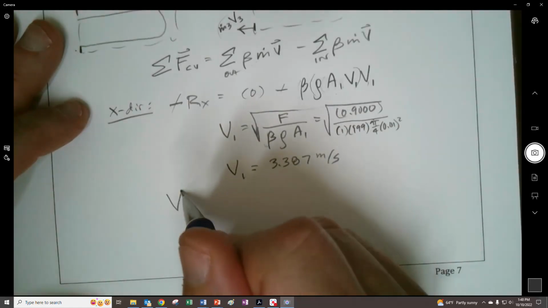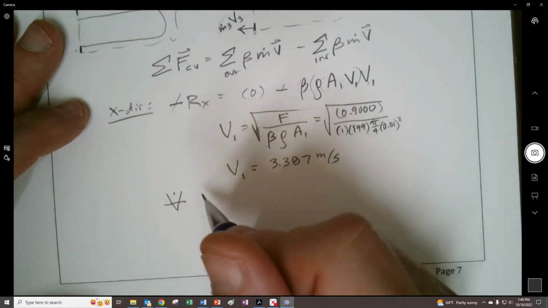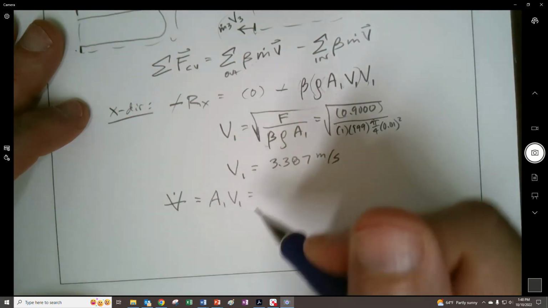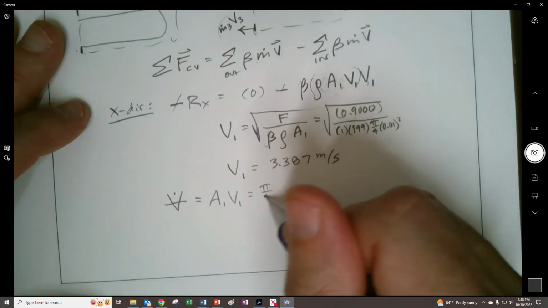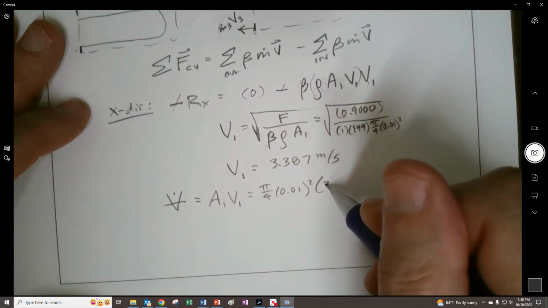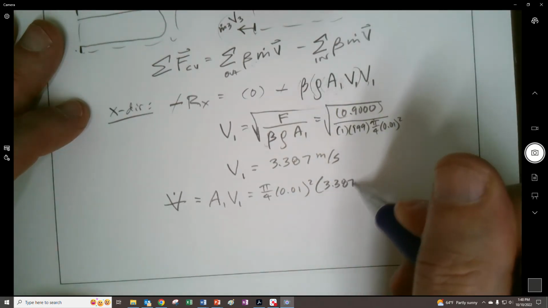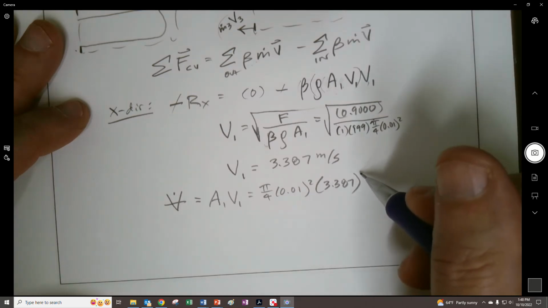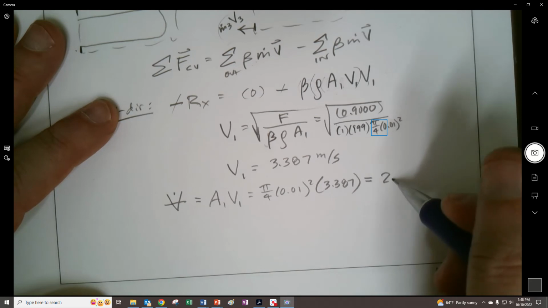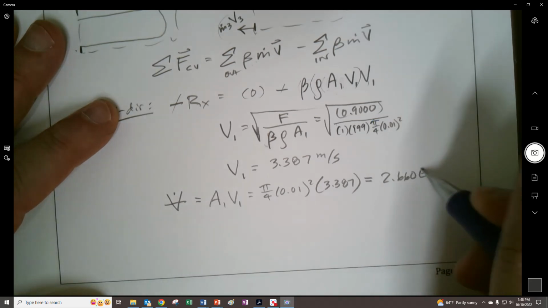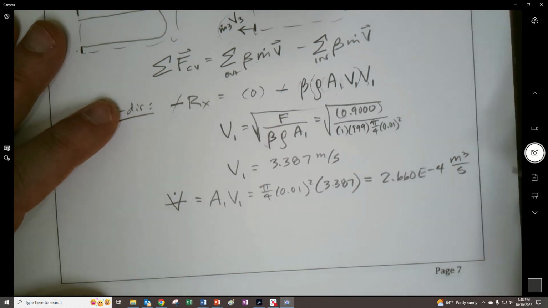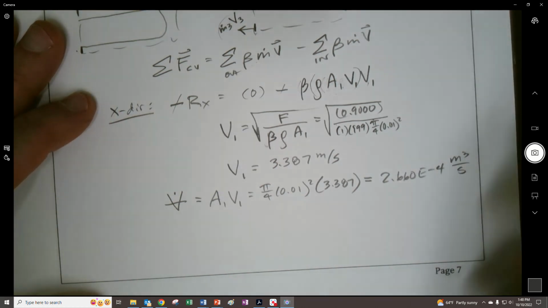So the volumetric flow rate, which is, I believe, what they were asking, is A1 V1. We could have found this area before, but we'll just keep putting it in there. 3.387. Is that right? Yep, I think I got that right. And we get 2.660 E minus 4 cubic meters per second, but it's really small. Let's turn it to liters.